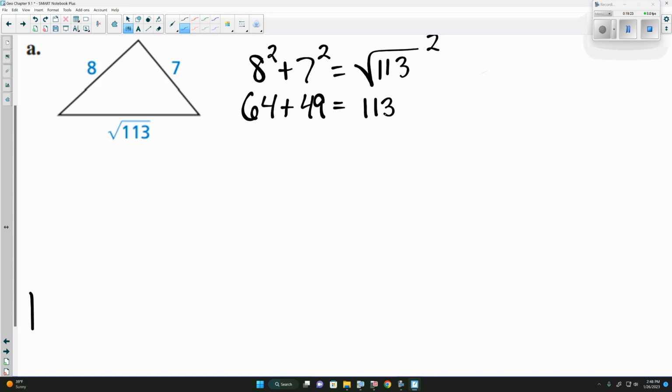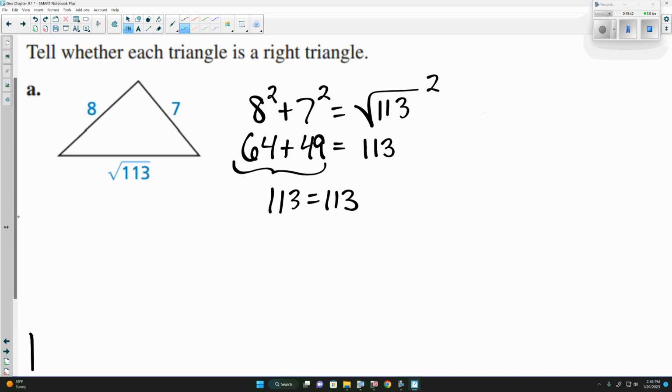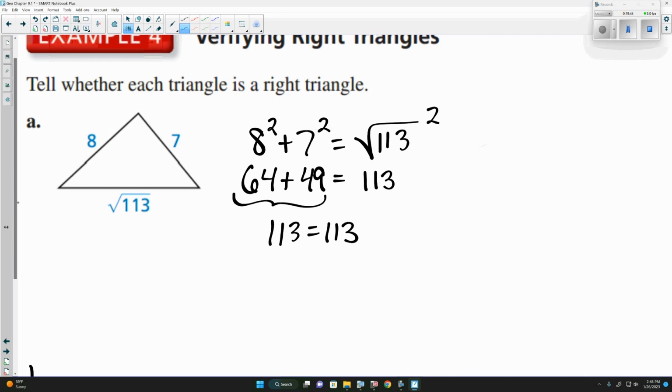Because with the square root, we're looking for what number times itself gives us 113, and then we multiply it by itself, which just gets us right back to 113. 64 plus 49 is? So 113 is equal to 113. Is this a right triangle? Yes.